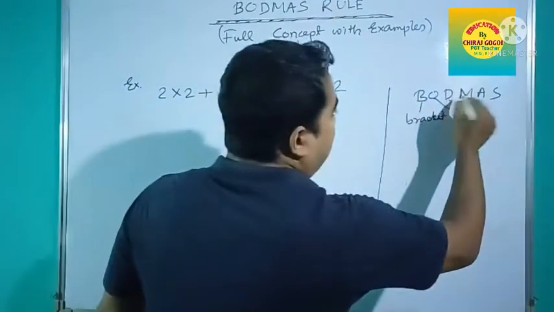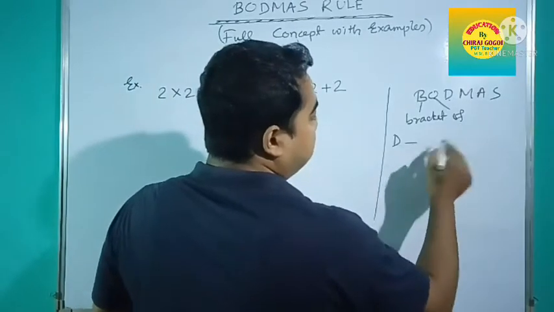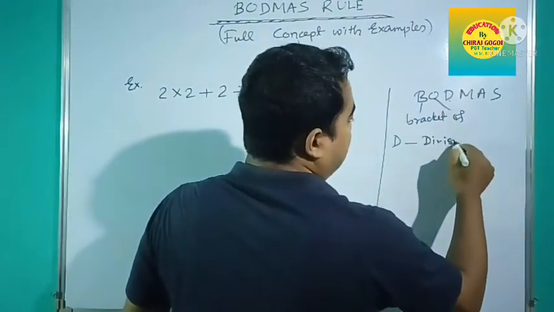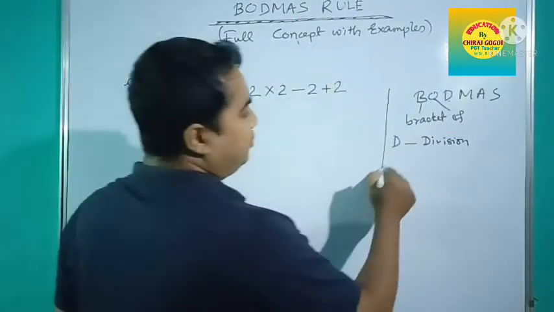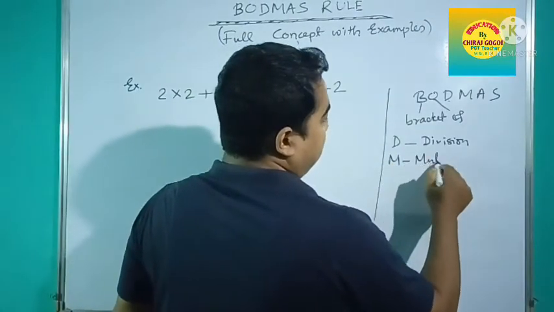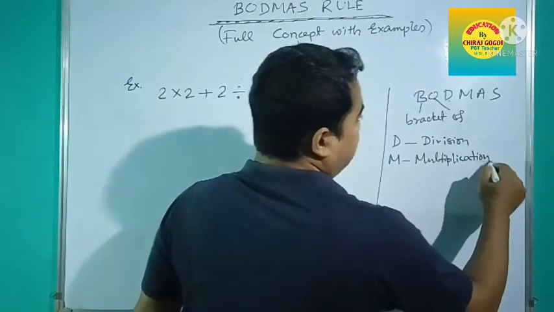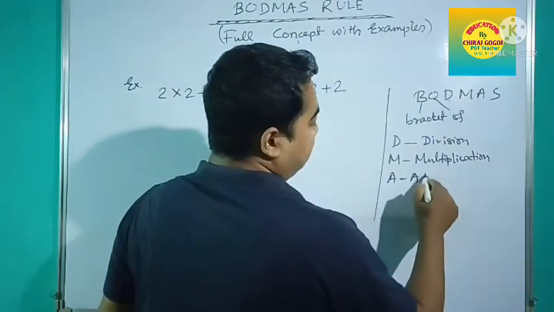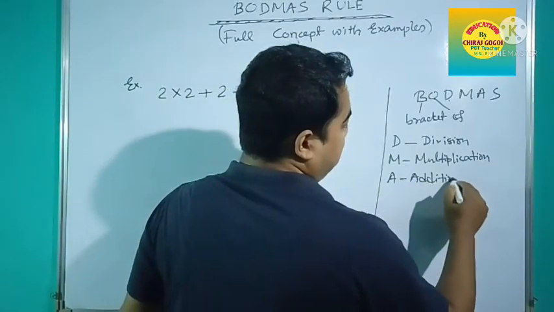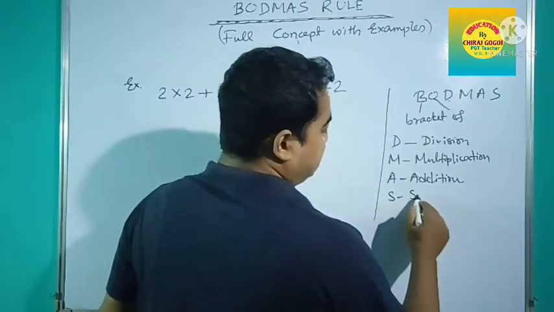So the next word is D for division, M for multiplication, A for addition, and S for subtraction.